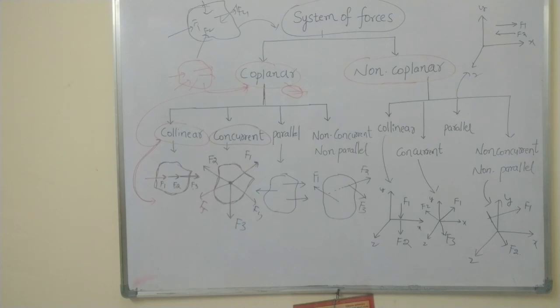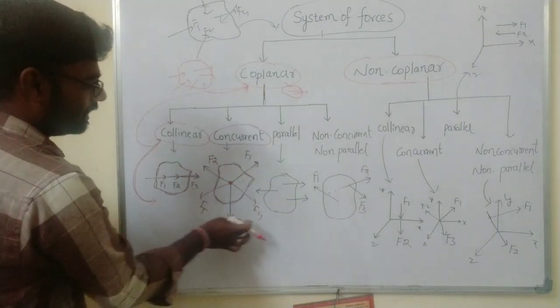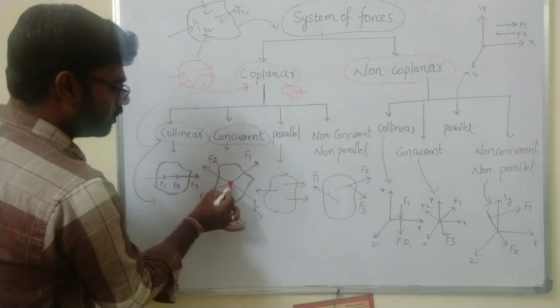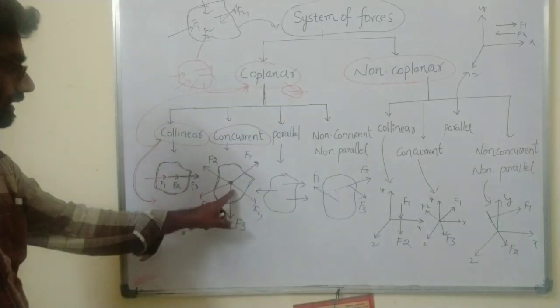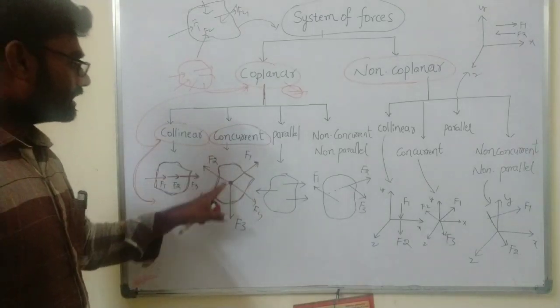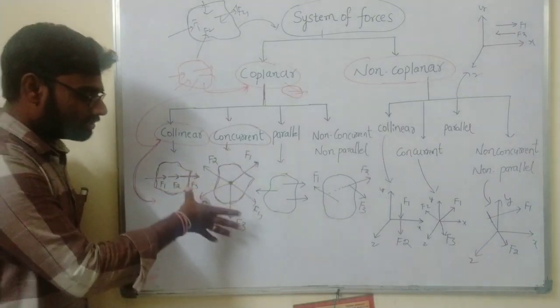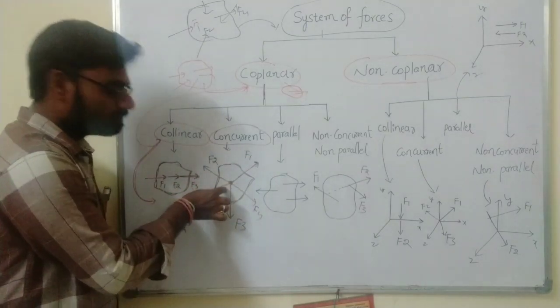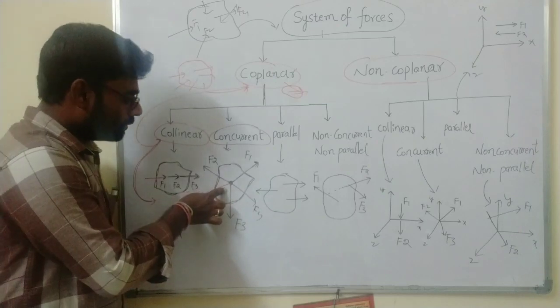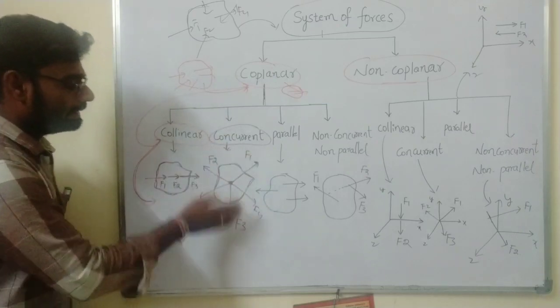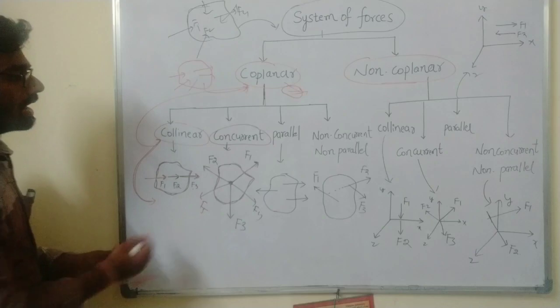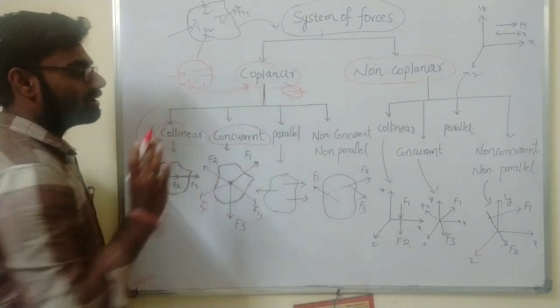Clear? So all the forces intersect at a point. The line of action of all the forces intersects at a point and lies in the same plane. That is known as concurrent coplanar forces.